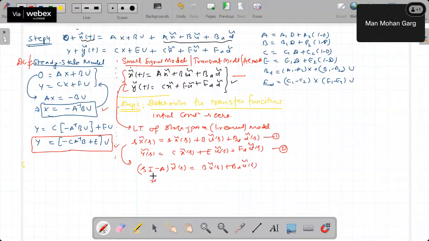Again, I simplify it by pre-multiplying sI minus A inverse on both sides. So X of s equals sI minus A inverse B U of s plus sI minus A inverse BD D of s. Okay, so this is our X of s.